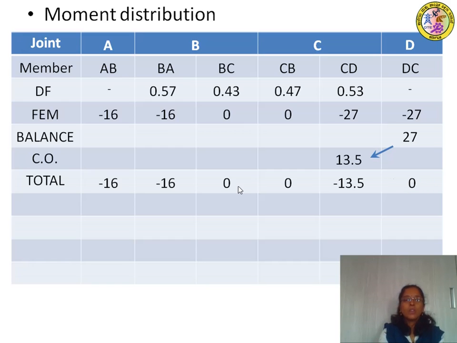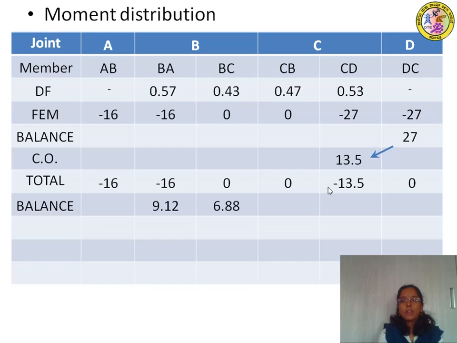Okay, so now let us balance the intermediate joints. Joint B is imbalanced by minus 16, therefore the balancing moment will be plus 16. So plus 16 into 0.57 will be equal to 9.12, and 16 into 0.43 will be equal to 6.88.